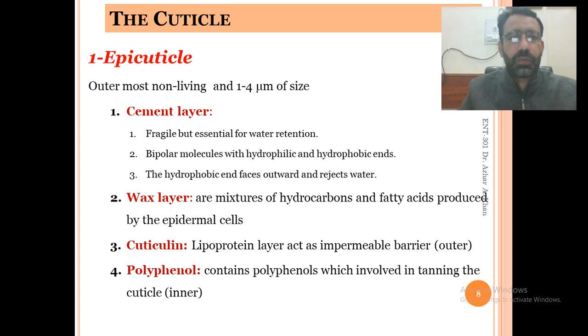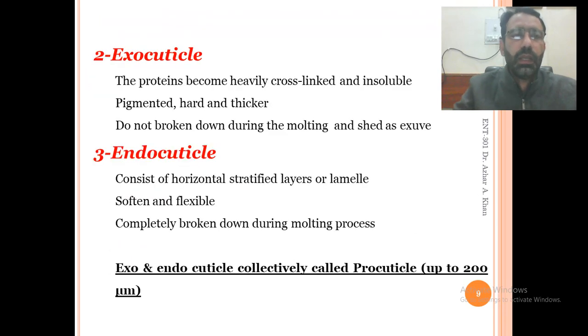Then a layer containing polyphenols, which are involved in tanning the cuticle, and this is the inner side which is used for the tanning of the cuticle. And exocuticle is where the proteins become heavily cross-linked and insoluble and pigmented, hard and thicker as compared to epicuticle, and it is not broken down during the molting process and is shed as exuviae.